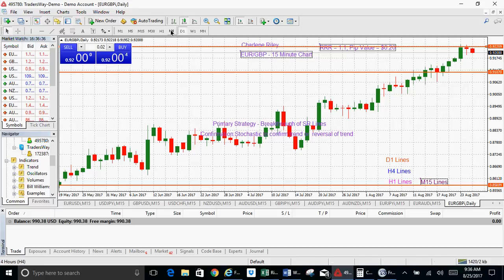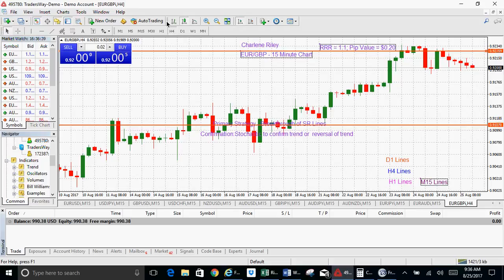So next I'm going to look at the 4-hour chart, and I again see the major uptrend, although in the last day or so the market has been trending downward. I see a good line of support and resistance here.